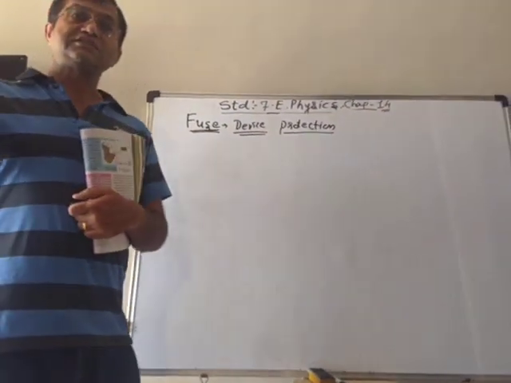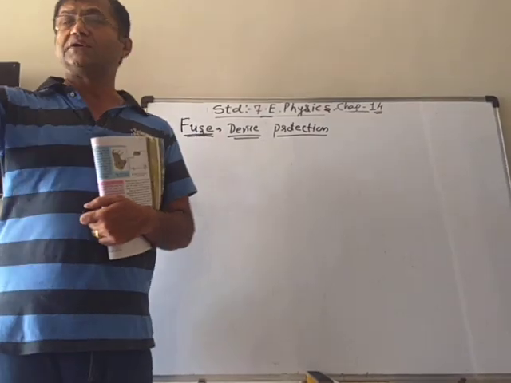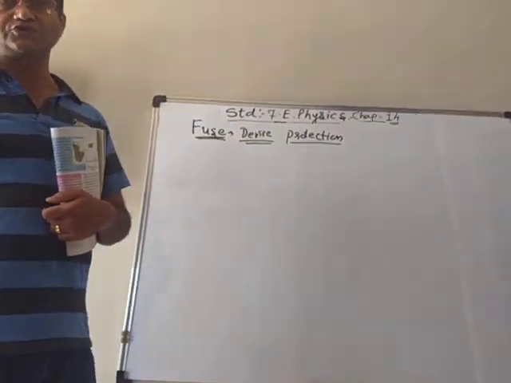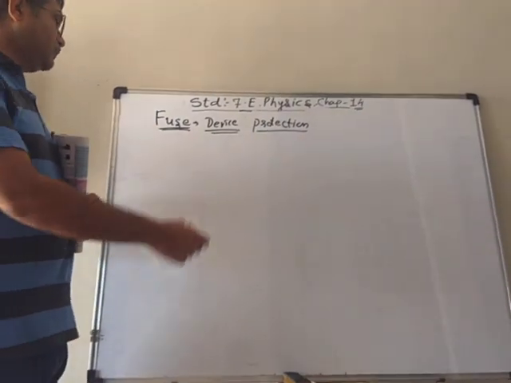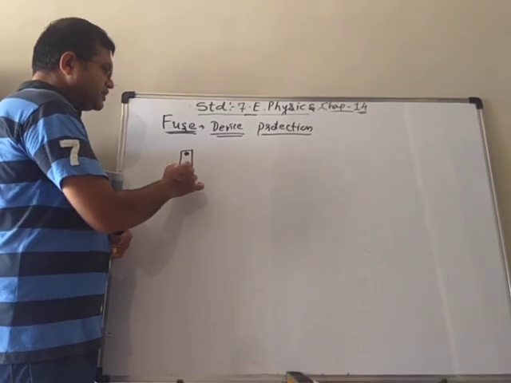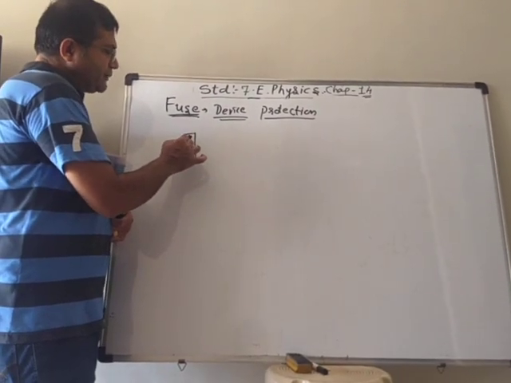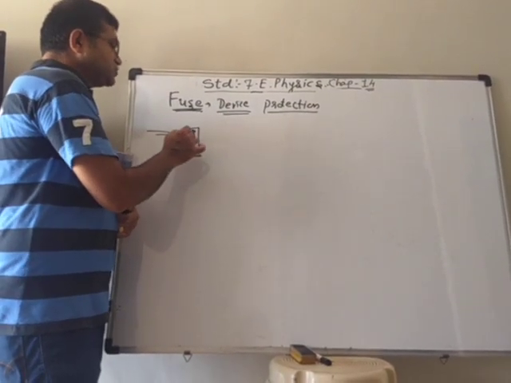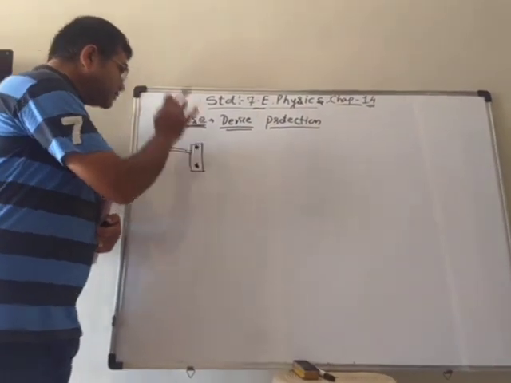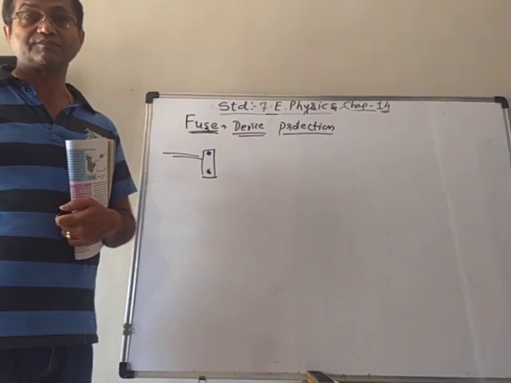Whenever electricity from the pole enters our house, first it must pass through this fuse. So if the current is more than its capacity, then what will happen? The current will first pass through this fuse, and the wire of that fuse will melt.